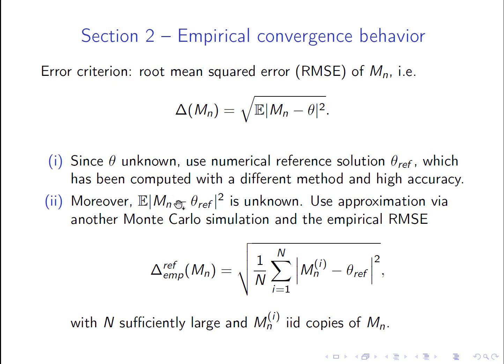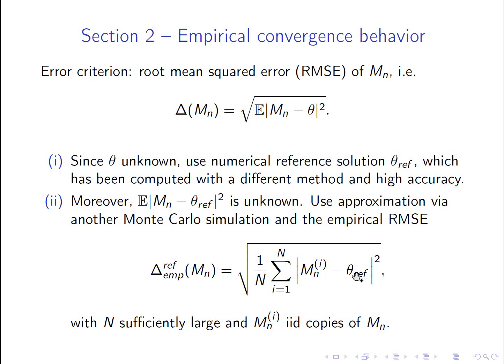And this quantity, the expectation of the square distance between Mn and theta ref, is also typically unknown. But what we can do is approximate it by another Monte Carlo simulation. So we estimate the expectation by another Monte Carlo simulation. So we are generating copies of our estimator, the Mn i, they are IID copies of Mn, while we subtract our numerical solution, the exact numerical solution.